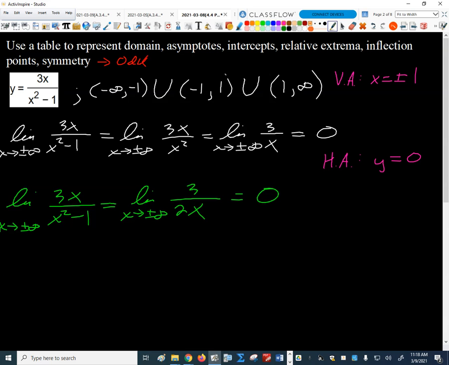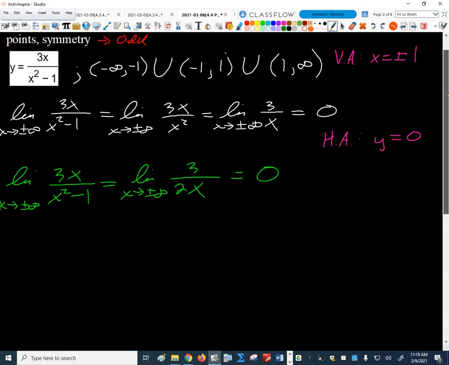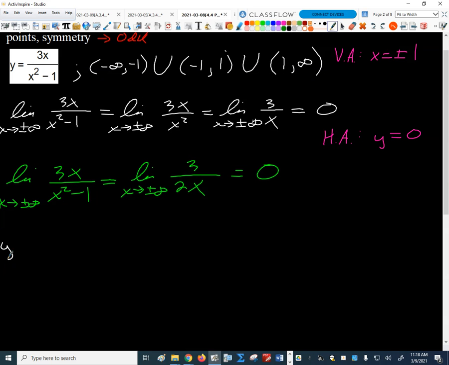So let's differentiate. And we've just got to use the quotient rule, right? So we get x squared minus 1 times the derivative of the top, which is just 3, minus high d low, so 3x times the derivative of the bottom, which is just 2x, divided by the bottom squared.